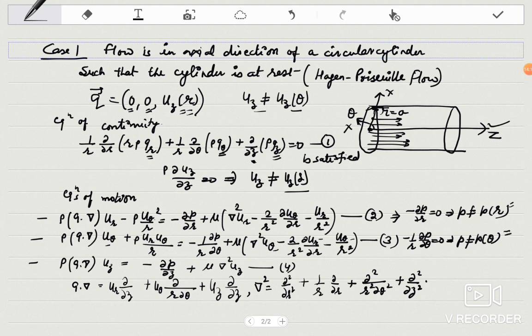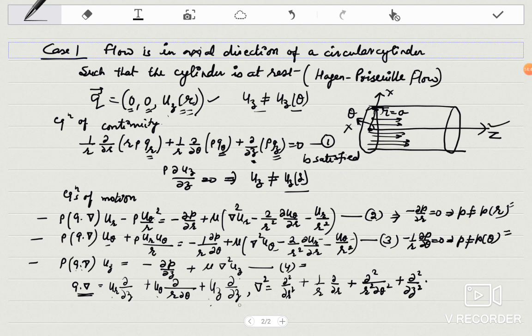And now we come to the last equation. From the left part, you have q dot delta uz. In this q dot delta, ur is 0, u theta is 0, and yes, you have uz.